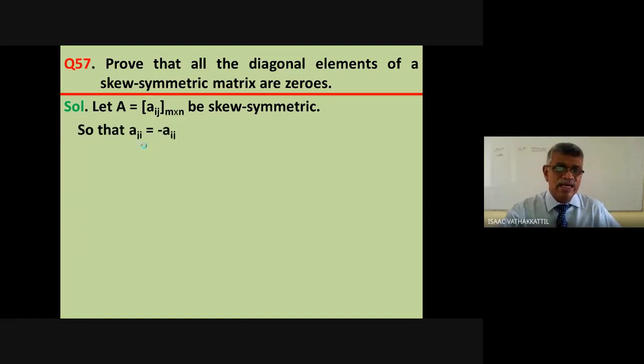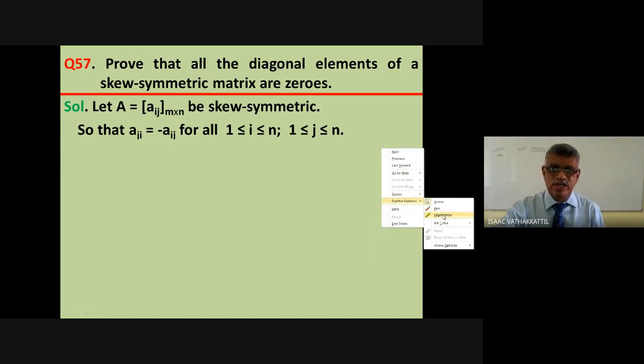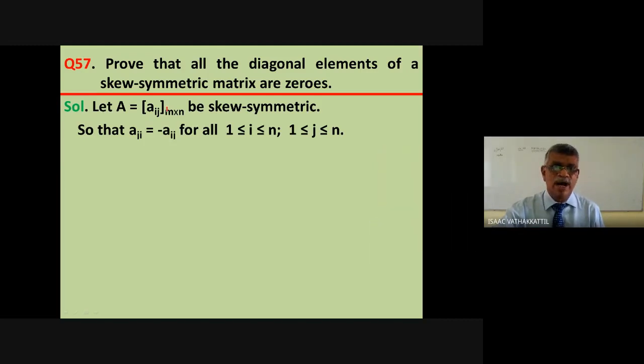Aji and aij are equal if it is symmetric. Once it is skew symmetric, aji and aij are negative of each other, or aij equal to minus aji, for all i from 1 to n, j also from 1 to n.